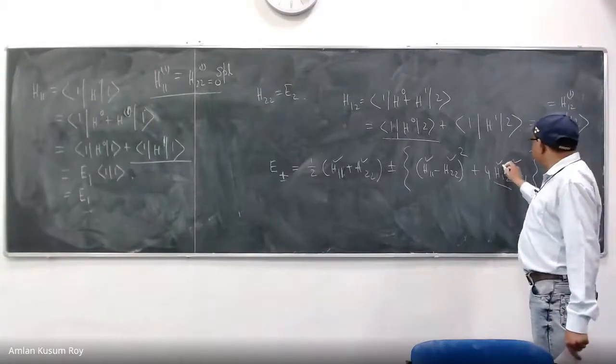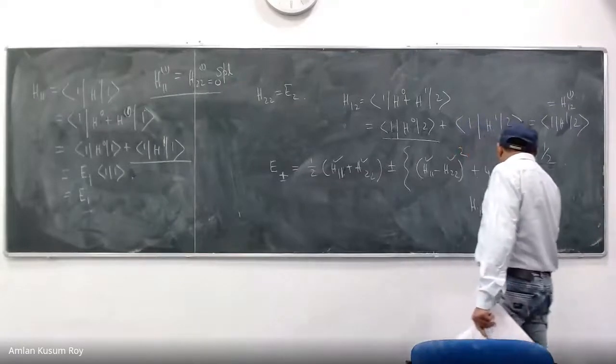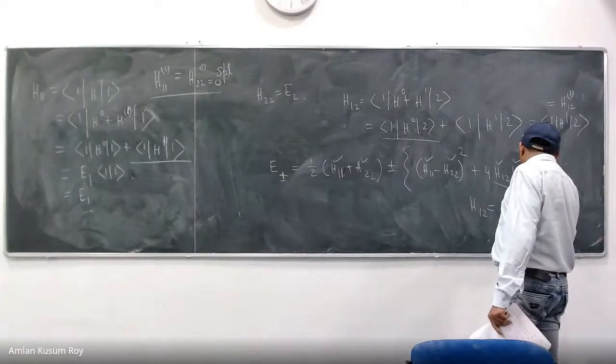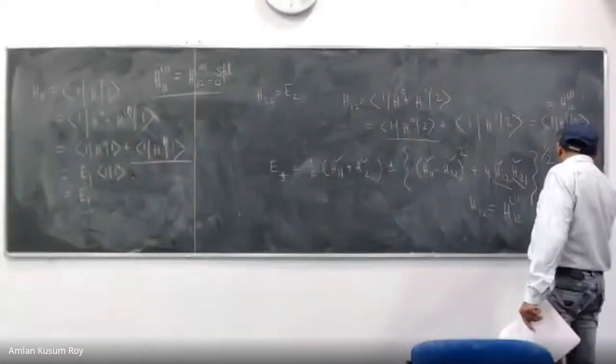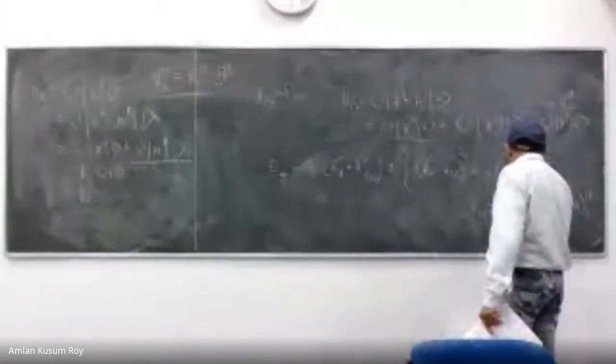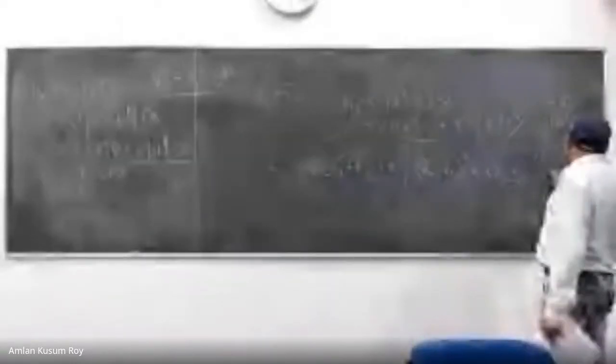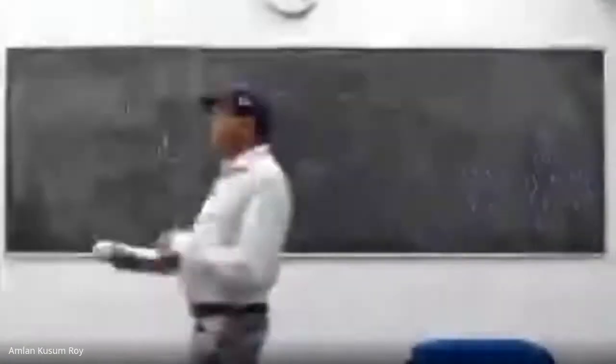So eventually I will write that H12 is equal to H21, H11 is H1, and H22 is H2. At the end of all this, I want to write this as the square of H12.